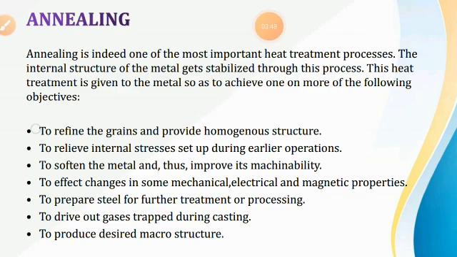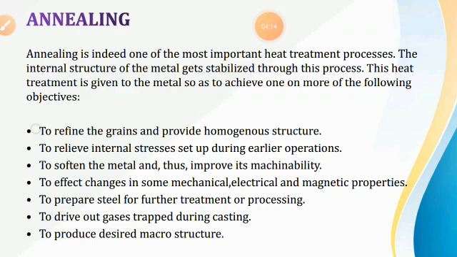The next objective is to relieve the internal stresses set up during earlier operations. Take an example of hot working or cold working: during hot or cold working, some internal stresses are set up in the material. To remove those internal stresses, we need to go through the annealing heat treatment process.